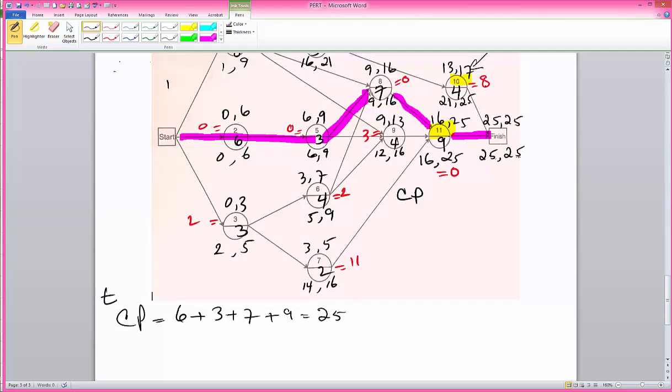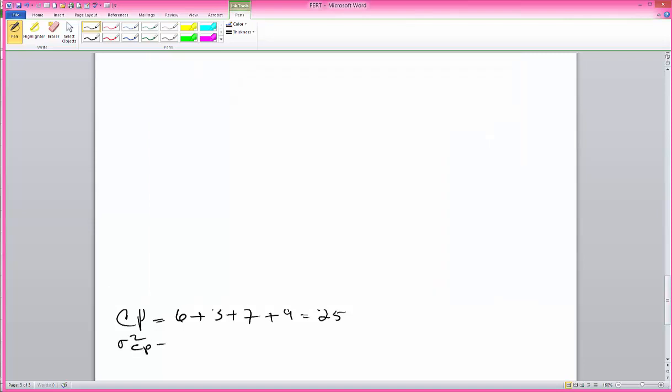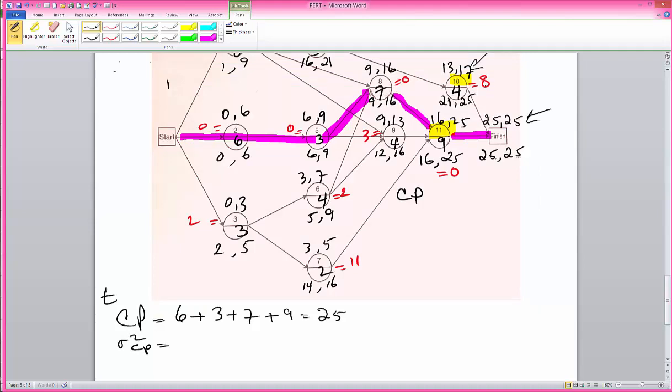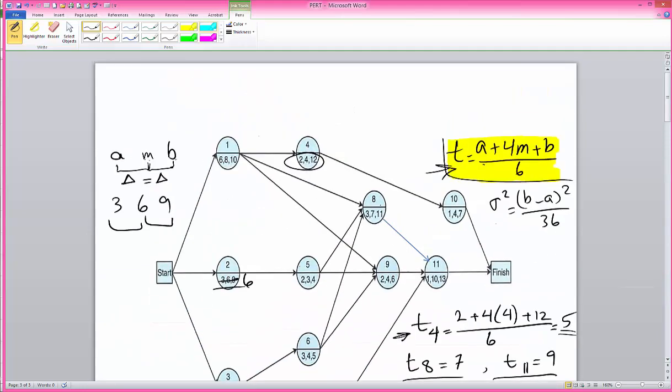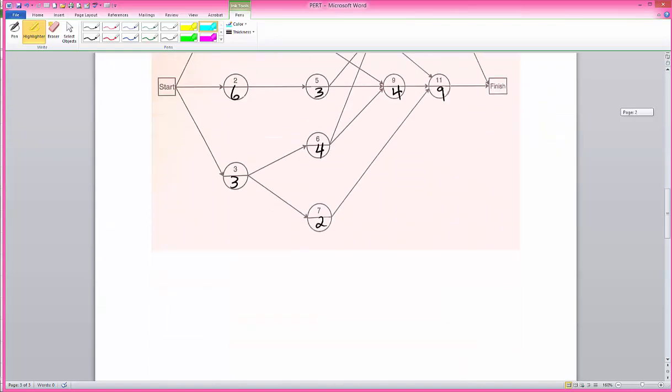So the average time to complete this project is 25, which is indicated with our forward pass calculation. We can also compute the sigma squared for the critical path, or variance. That would be the variance for each activity using the equation here, where we find the range for activity time, square it, and divide by 36.